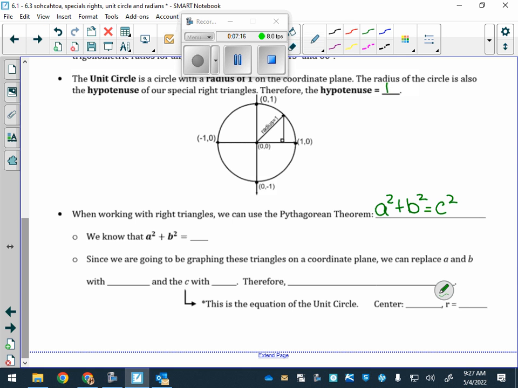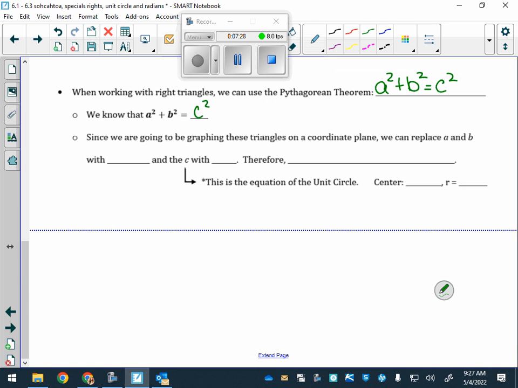Okay? Knowing that a squared plus b squared equals c squared, c meaning our hypotenuse, right? So now we are going to be graphing these triangles on the coordinate plane, on the coordinate plane xy, which we've been using all year.